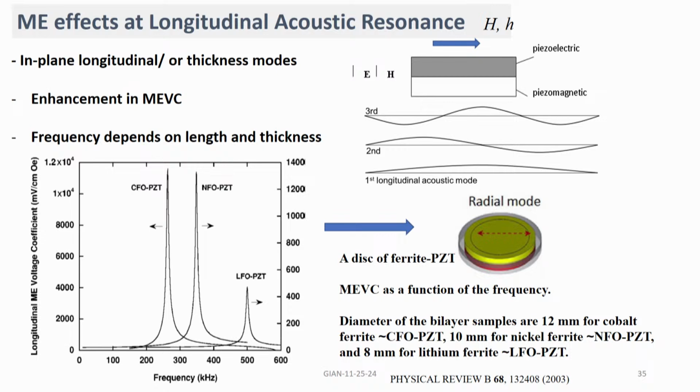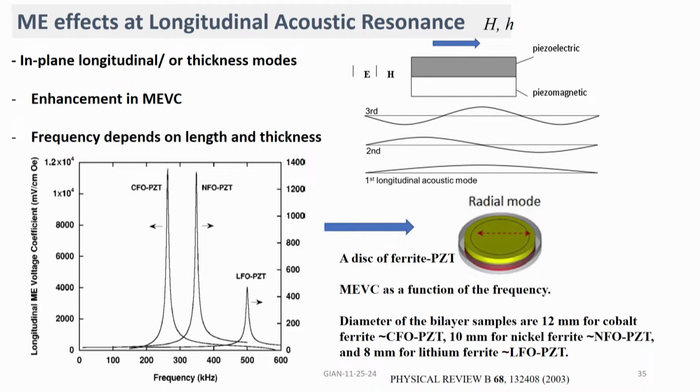I am sure these are different dimensions. The disc radius, the cobalt ferrite PZT is probably the largest disc, followed by the nickel ferrite, and the smallest disc is lithium ferrite PZT.